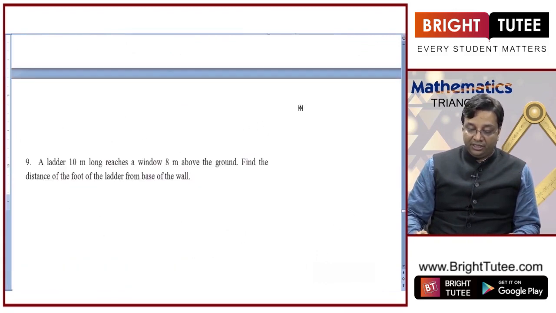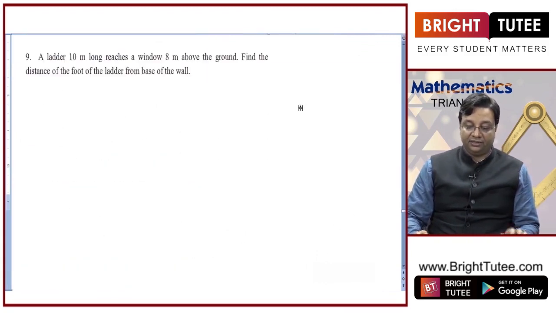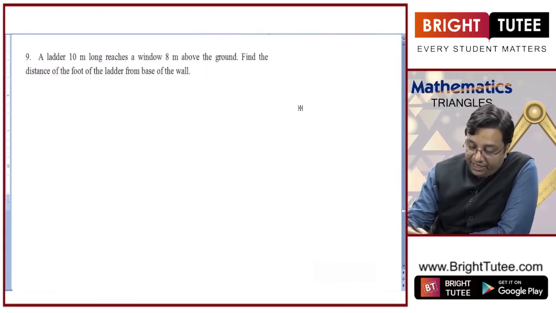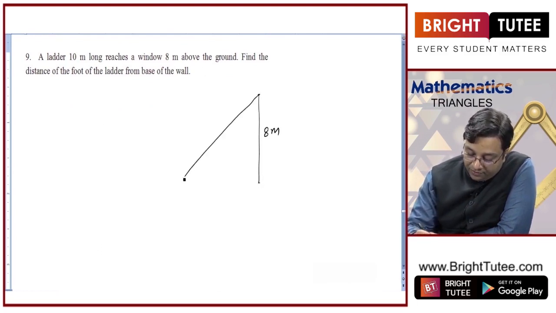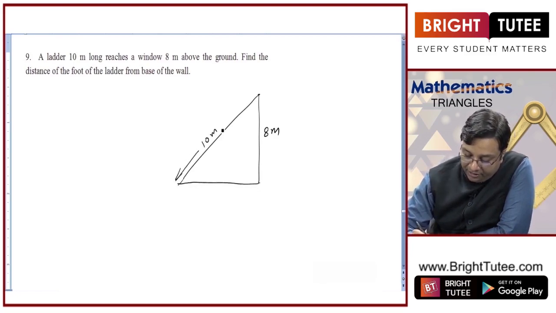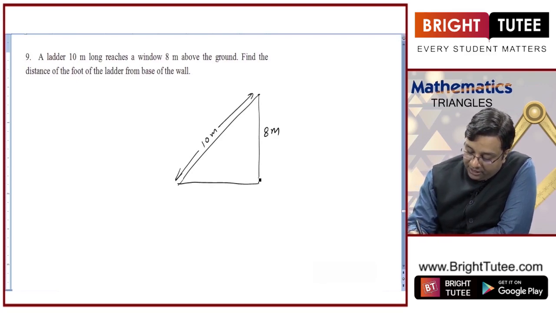Now in the next question, a ladder 10 meter long reaches a window 8 meter above the ground. So it is 8 meter and there is this window, and there is a ladder 10 meter long which reaches this window. So this ladder is 10 meter long and this is 90 degrees, right?